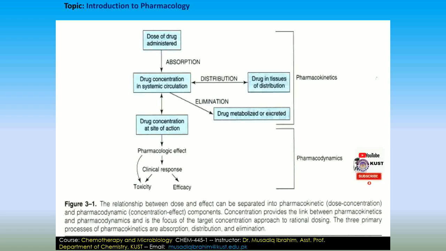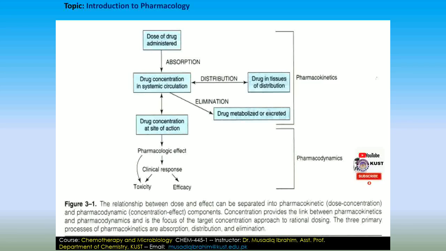Systemic circulation means the concentration of the drug within the circulatory system, within the blood. And from there, the distribution factor comes in. The drug is distributed into the tissues, and another part is the drug being metabolized or excreted.